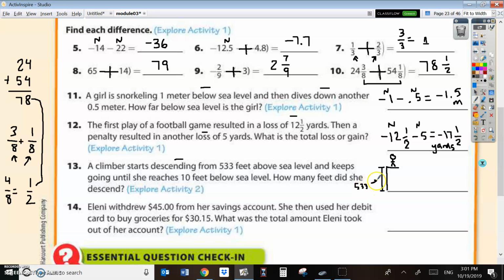So it's right there. And that's negative because she went down that 533 feet, and then she went 10 feet more. And that's minus 10. So it's going to be minus 533 minus 10 equals negative 543 feet.